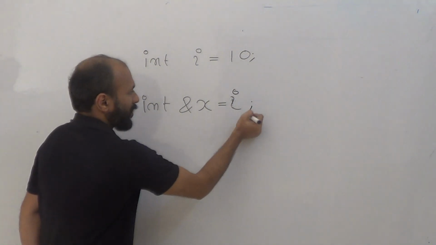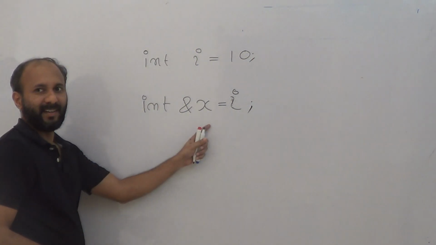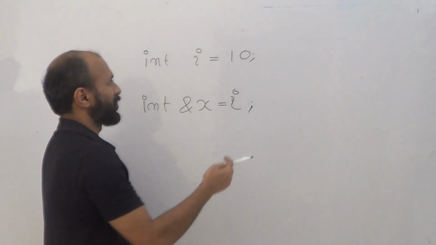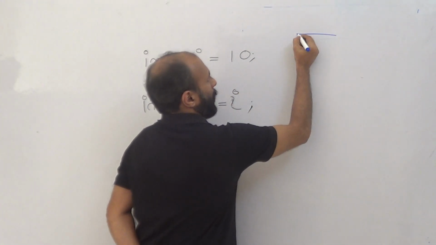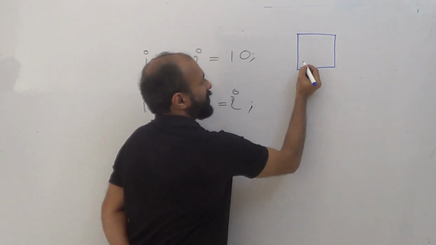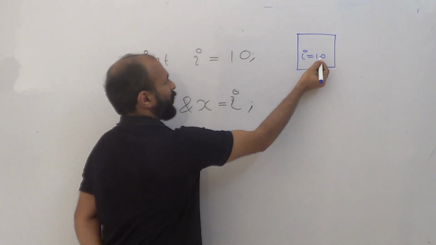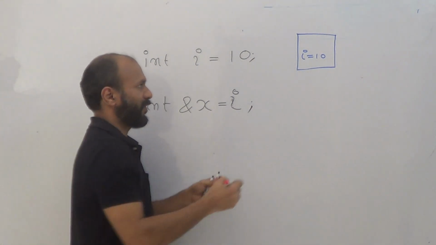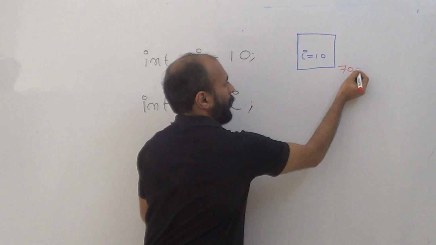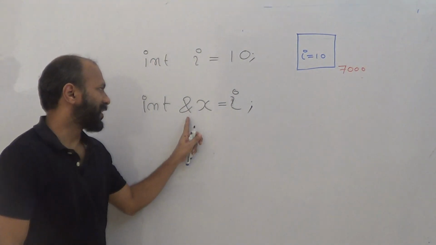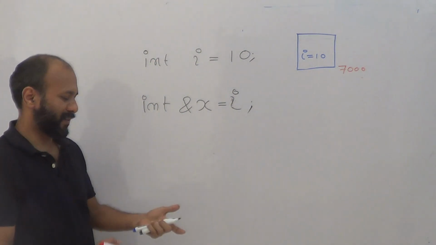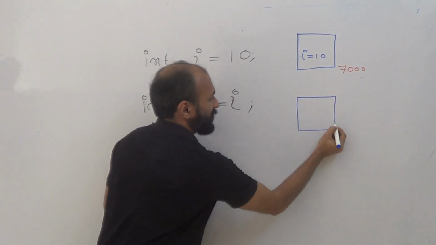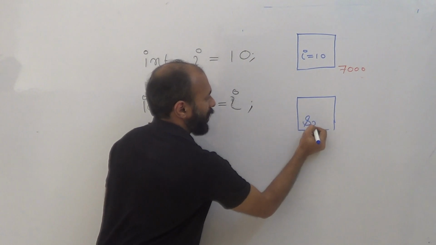Now we can draw the memory picture and see how this works internally. Here I am drawing i equal to 10. Assume this is available at memory location 7000. Now I am going to draw the memory of this reference variable, x.